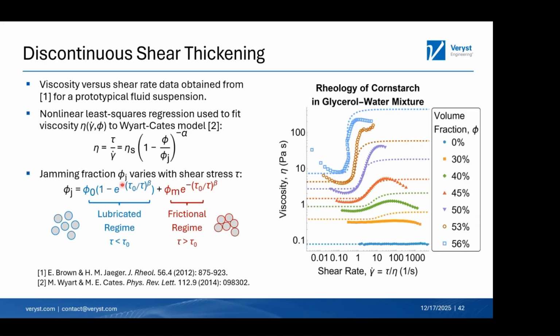In one state the particle contacts are well lubricated, and in the other state the particle contacts are frictional, more like a granular material. And the degree of transition is controlled by the critical onset stress and this tuning parameter beta. And so this is a model that here I'm showing the dashed lines where we've calibrated that model to experimental data by fitting these parameters using nonlinear regression.